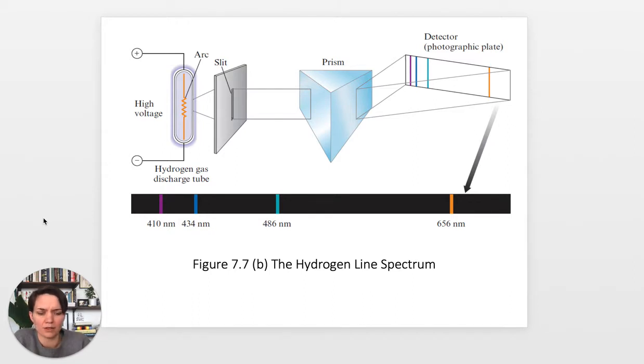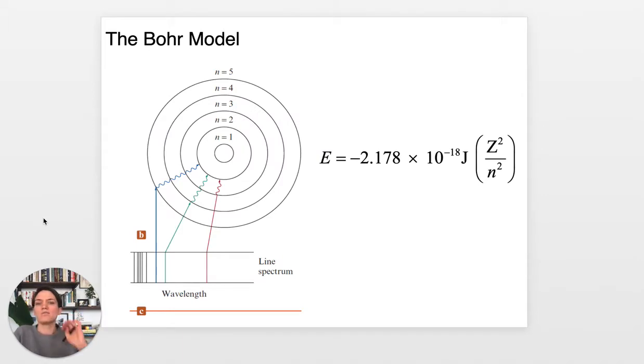Our first, I guess the person who put all of these pieces together is Niels Bohr. He is a classic physicist, and he was thinking about the electron traveling around the nucleus as a wave and a particle, and was really focused on explaining these discrete bands in the hydrogen gas spectrum.